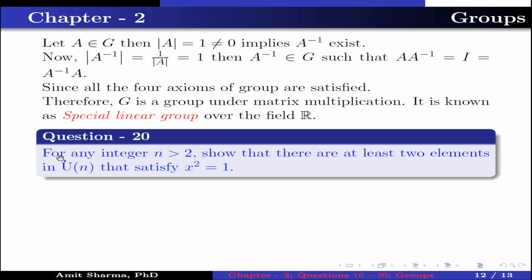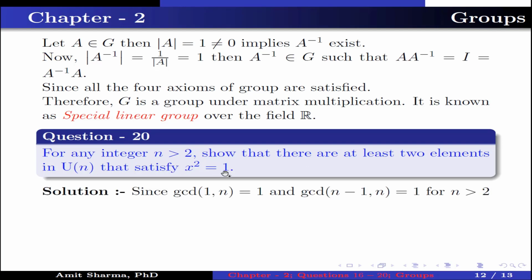Question number 20. For any integer n greater than 2, show that there are at least 2 elements in U(n) that satisfy x squared equal to 1. Since GCD of 1, n is equal to 1 and GCD of n minus 1, n is equal to 1 for n greater than 2, this implies 1 and n minus 1 belong to U(n).